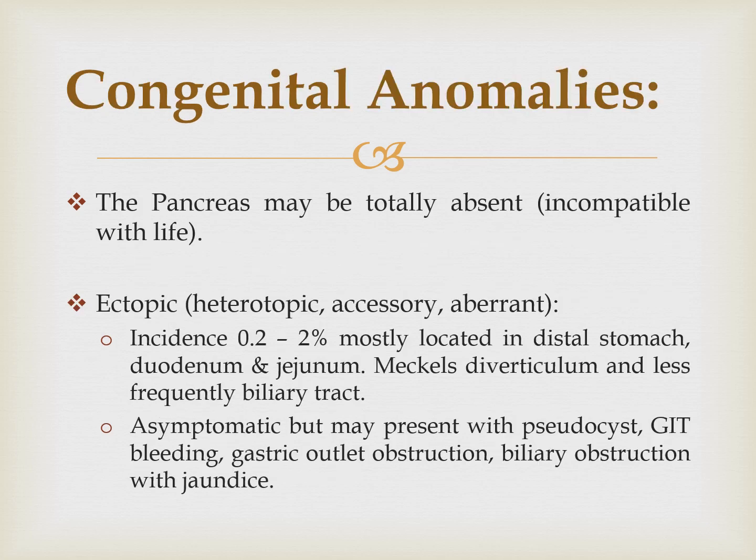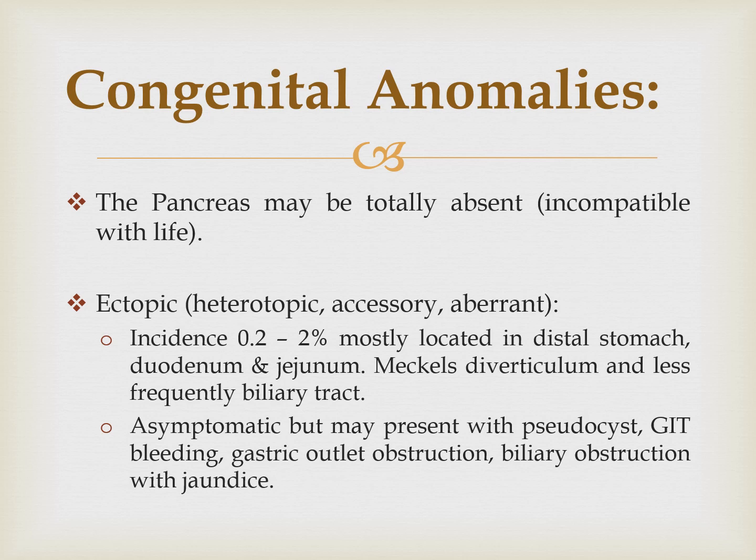What about the congenital anomalies of the pancreas? The pancreas may be totally absent, which is incompatible with life. There is also ectopic pancreas, which is called heterotopic, accessory, or aberrant pancreas.